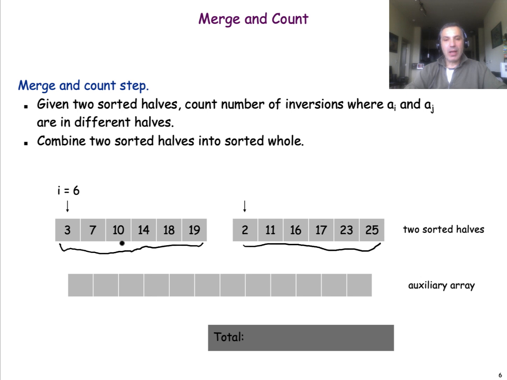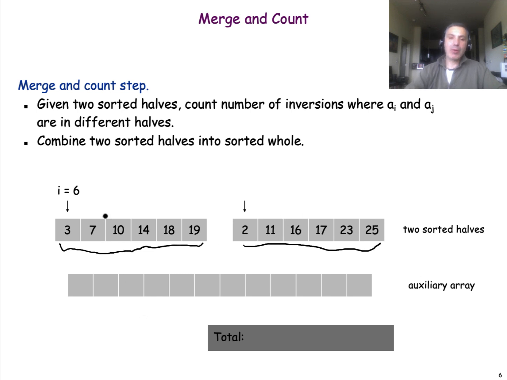The question is, how would you combine now these two sorted arrays into a new array that is also sorted, and at the same time count how many inversions you have between the elements of the left array and the elements of the right array?